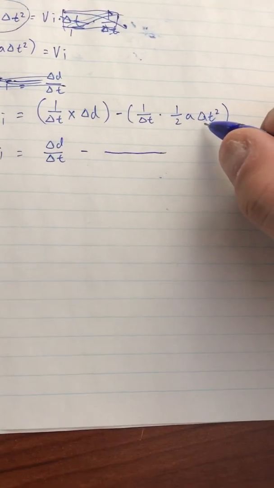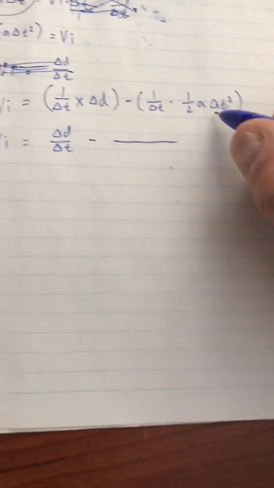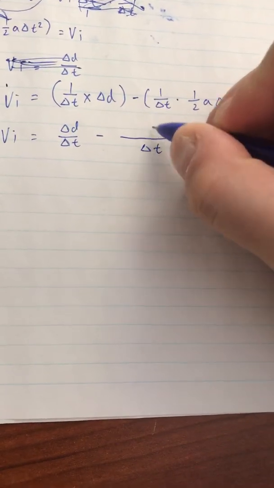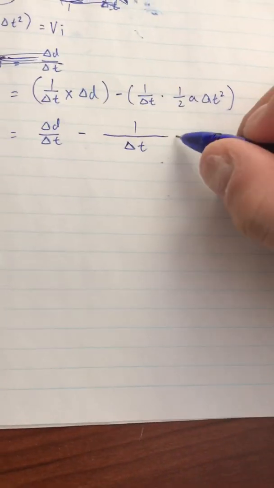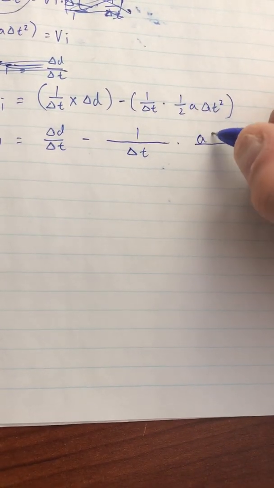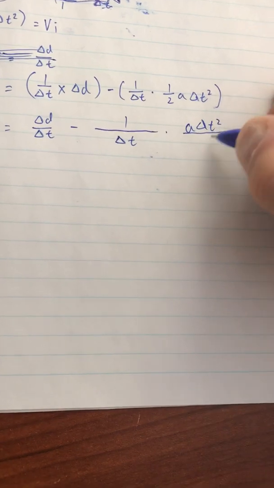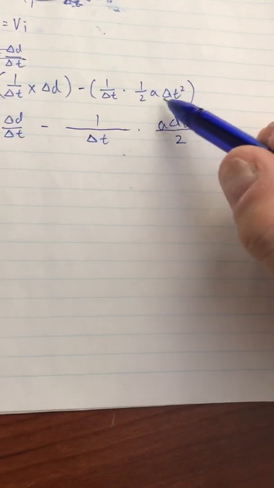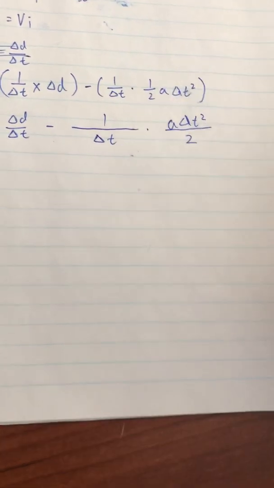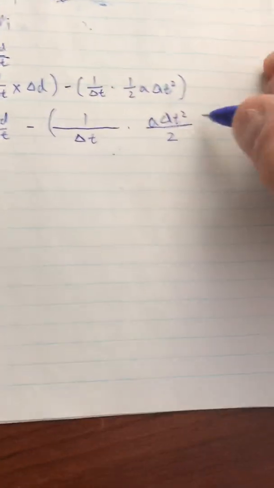Let's write 1 over delta T first, times A times delta T squared divided by 2. So we just simply move all these up to where the 1 used to be and get rid of the 1 and brackets.